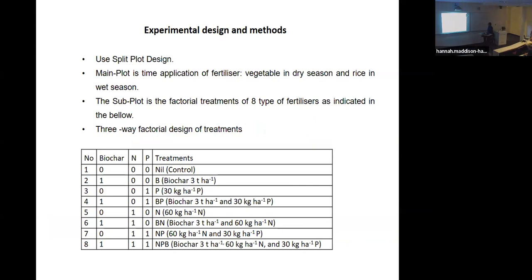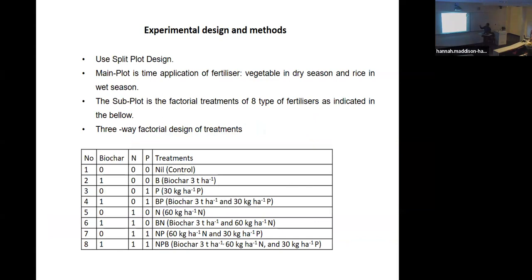This experiment used a split plot design. The main plot for this study is the time of application. As I mentioned before, I have 2 application times: application to vegetable production in the dry season, and then application of fertilizer to rice in the wet season.